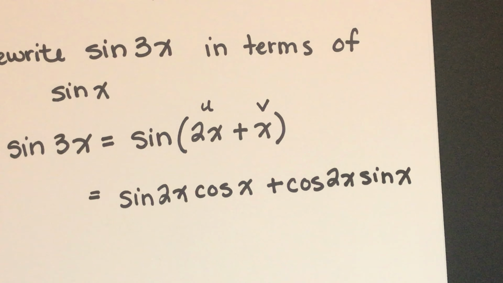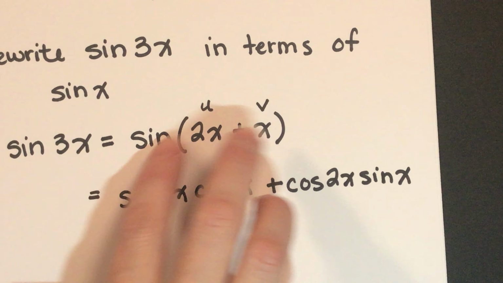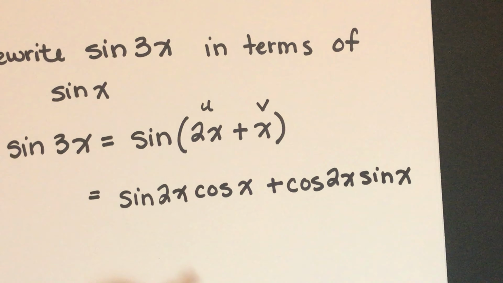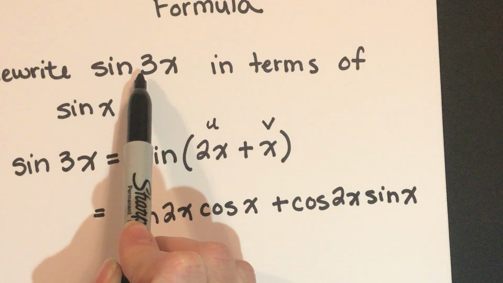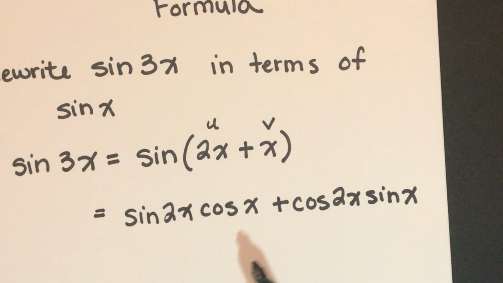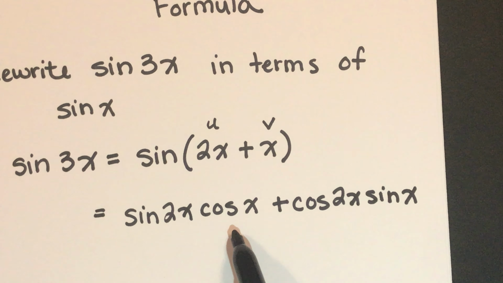So that's the formula for the sine of the sum of those two angles. Now we can break this down further. Remember, our goal is to turn this into terms of just sine. So we do need to eventually get rid of these cosines.